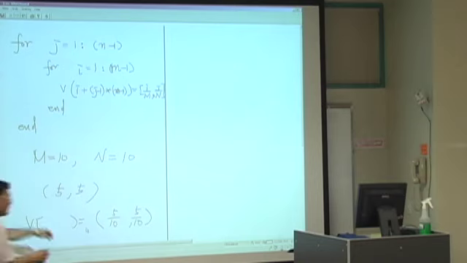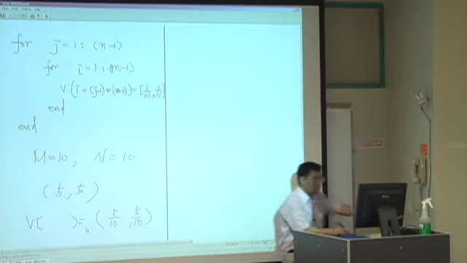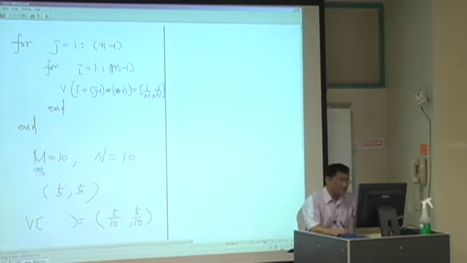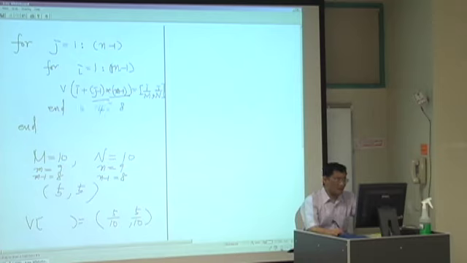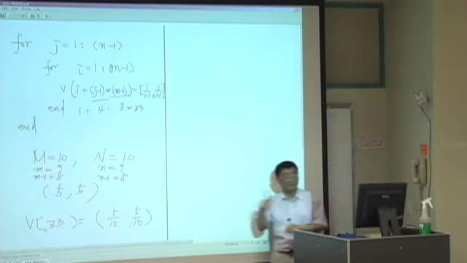M is 10, then lowercase m is 9, and then m minus 1 is 8, right? Similarly, n is 9, n minus 1 is 8. Then here 8, and then 5 minus 1, 4, and then here 1. And 30, right? So vertex 33 is 5, 5.